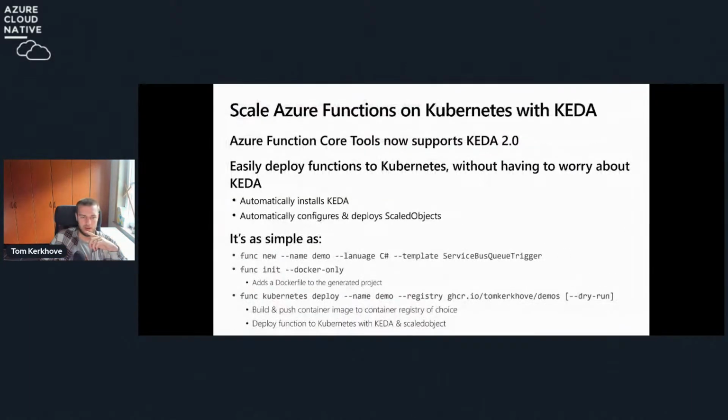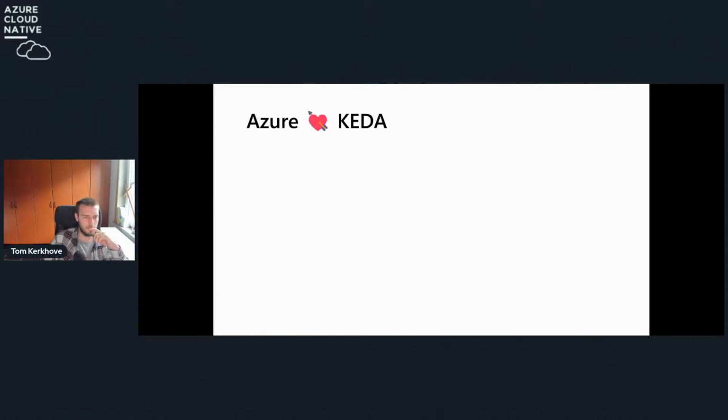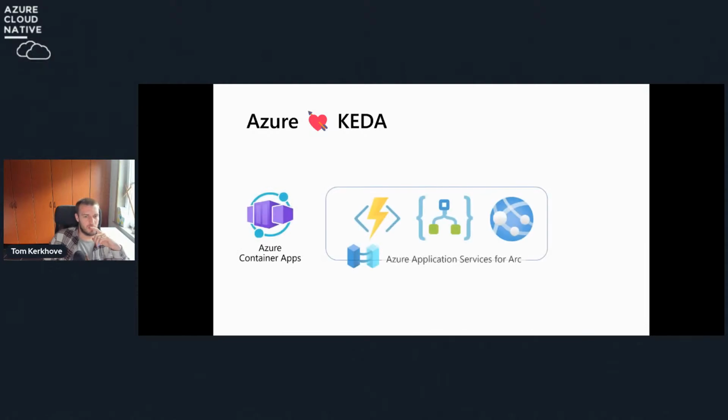Okay, going back to the slides. So this is how easy it is to take an existing Azure function and retarget it to Kubernetes and deploy it with autoscaling baked in. So in summary, these are the three things where you will be using KEDA if you deploy to one of these. So Azure Container Apps is built on KEDA.